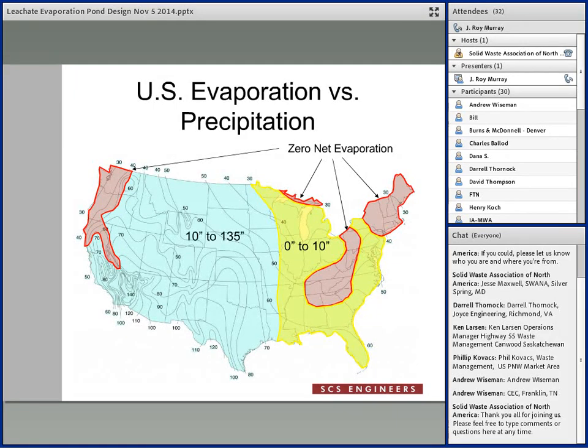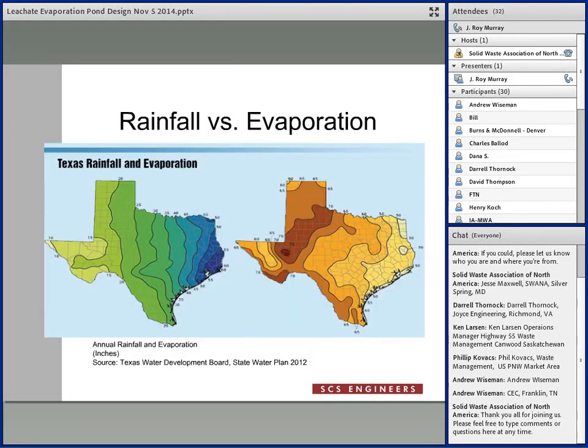But in the rest of the country, you can get anywhere from 10 to 135 inches of net evaporation. So that's the area where the blue area is going to be the areas where you can really take advantage of the leachate evaporation ponds.